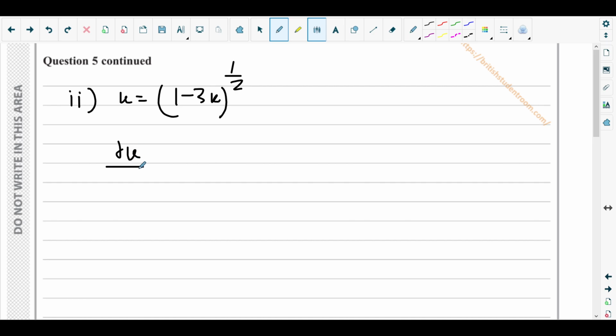For dx, we can get a substitute by differentiating this u. If you differentiate, du over dx, what will you get? Half, and there is the chain rule. I don't think I need to explain the chain rule here in P4 since you learned it in P3. So 1 minus 3x to the power negative half.